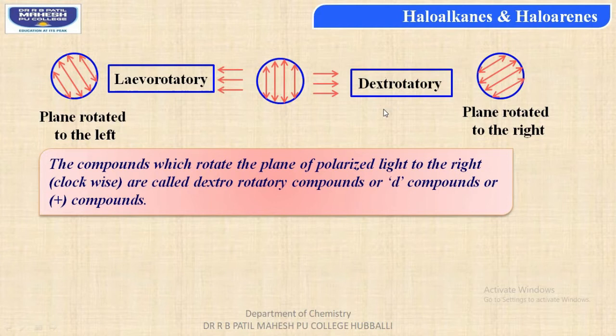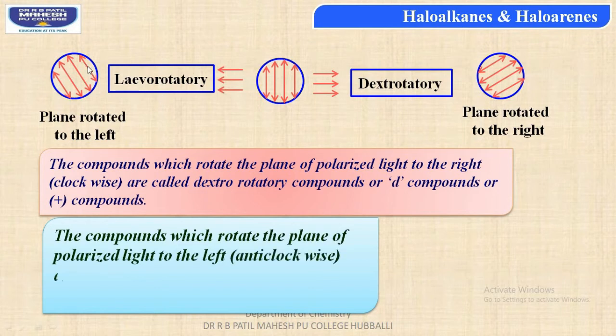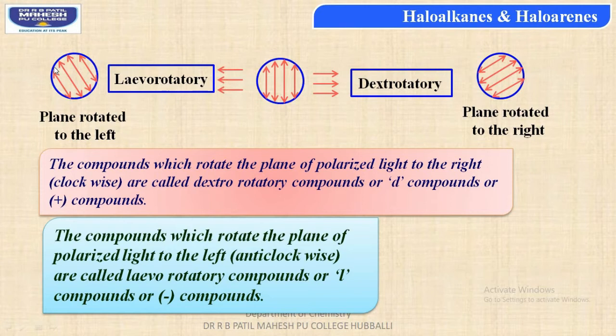And always for dextrorotatory compounds we give the symbol positive. And the next one, the compounds which rotate the plane polarized light towards the left side, that is anti-clockwise direction, are said to be levorotatory compounds, and we can use the symbol L for levorotatory.